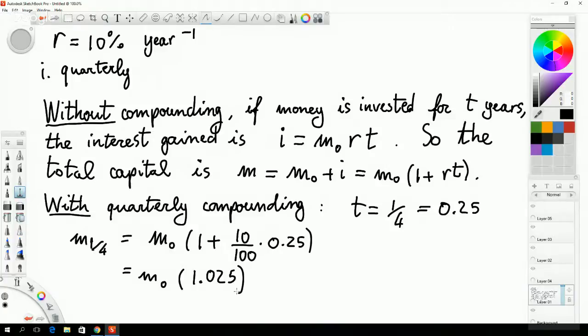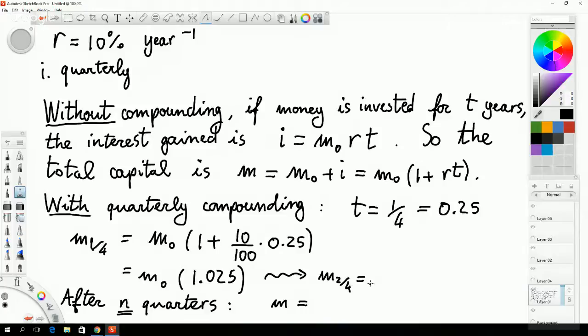And so what happens after n quarters? After a number n of quarters, you're going to have m. I should write something like m of n quarters, but I'm just going to write m instead. At the second quarter, what's m of 2 quarters?